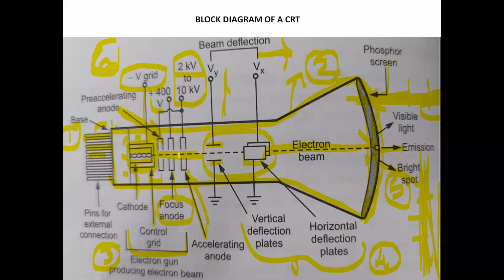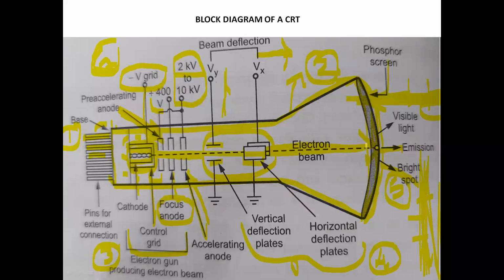The function of the focusing anode is to vary the intensity or the focus of the beam on the screen. If there is no deflection system here, the electron beam will directly bombard the screen and a bright spot will appear on the screen.